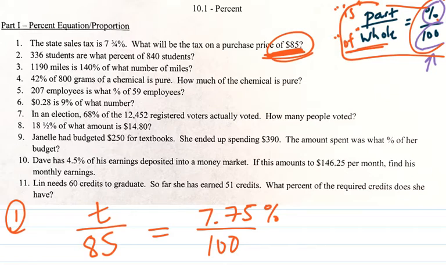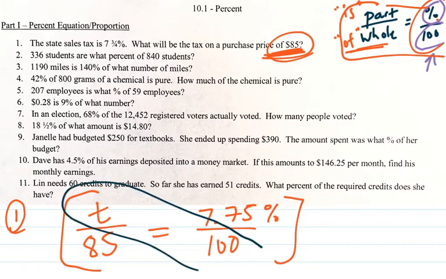Okay, so once we have this, we can solve our proportion using a method that you might have recalled or seen before, and we can use cross multiplying to solve this. So in order to cross multiply, we take the diagonal values.